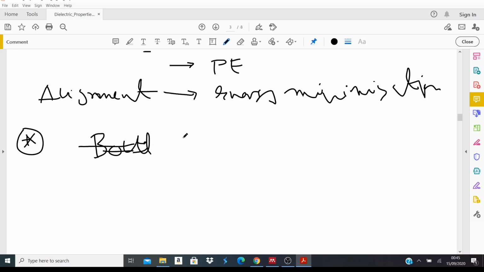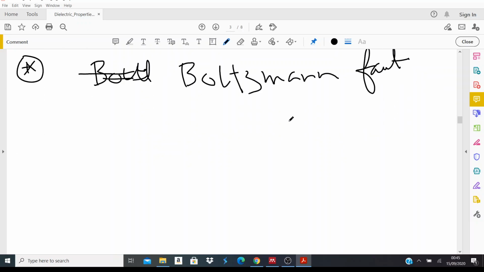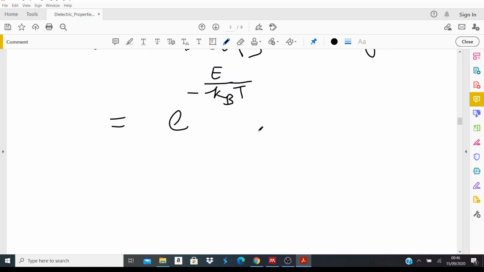So what is this Boltzmann factor? It's nothing but e to the power minus the energy of the system divided by the thermal energy of the system. In our problem, what is the energy of the electric dipole moment?